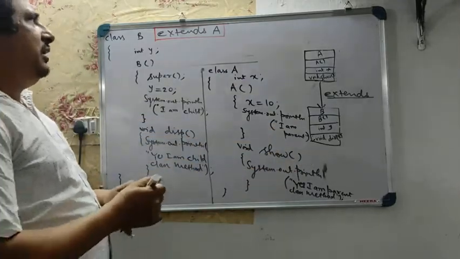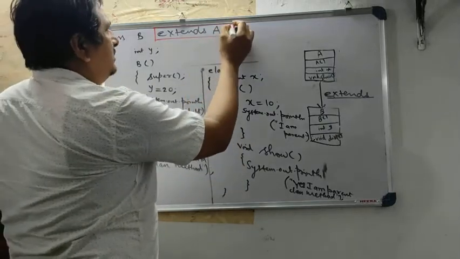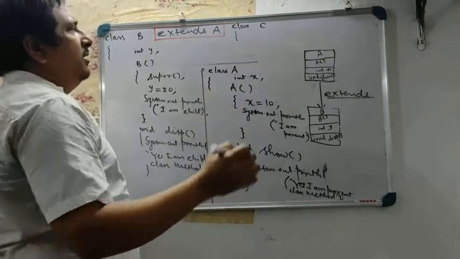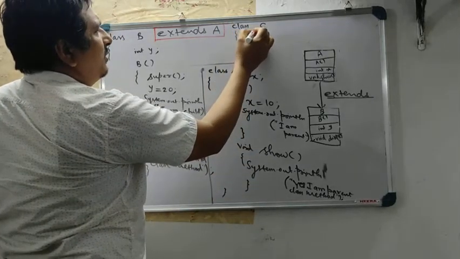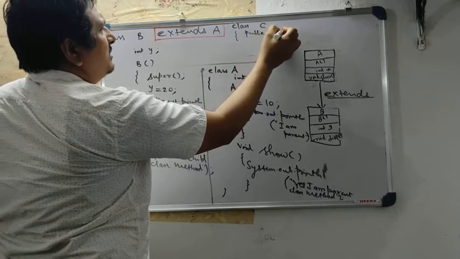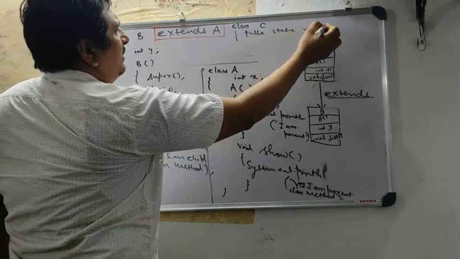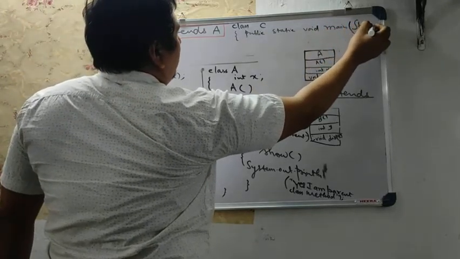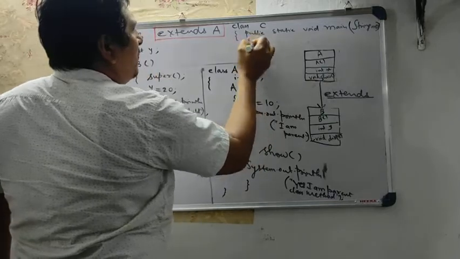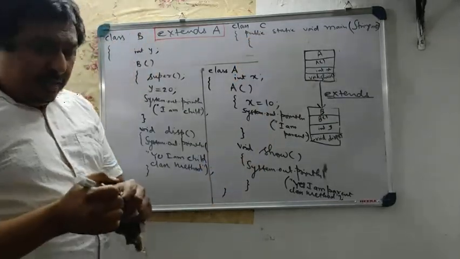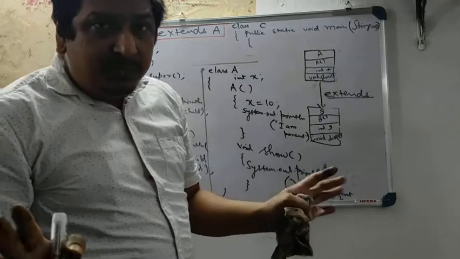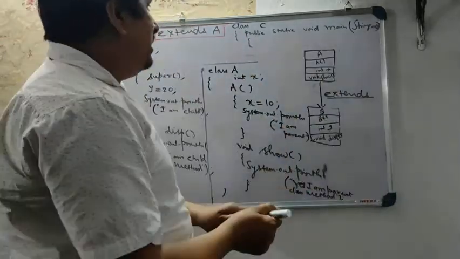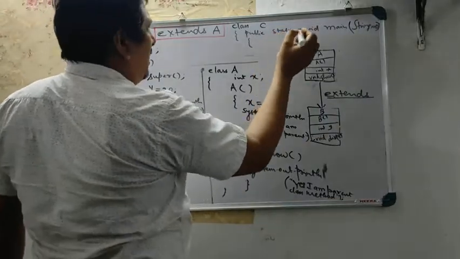Let us try to create another class, class C. Now here we are going to write public static void main, then String args, and then finally what we will do, remember we are not going to create any object of the parent, rather we will create an object of the child.